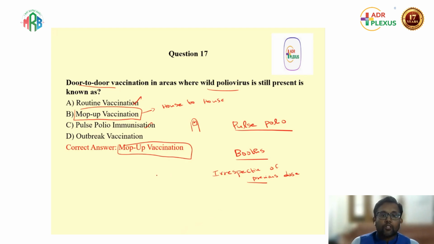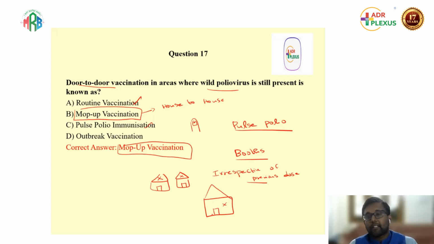Then they search house-to-house. In the house, they will call the parents and the child. In case the parents are refusing, they will put an X mark on the house. So during the next visit, at least they can try to convince them. So door-to-door is mop-up vaccination.